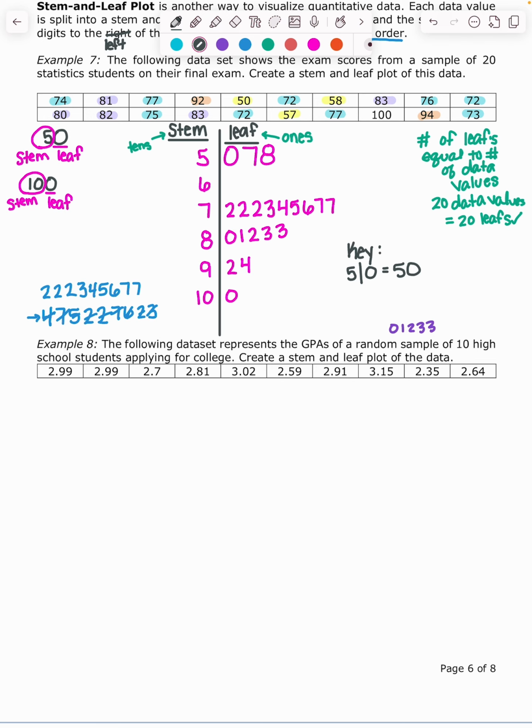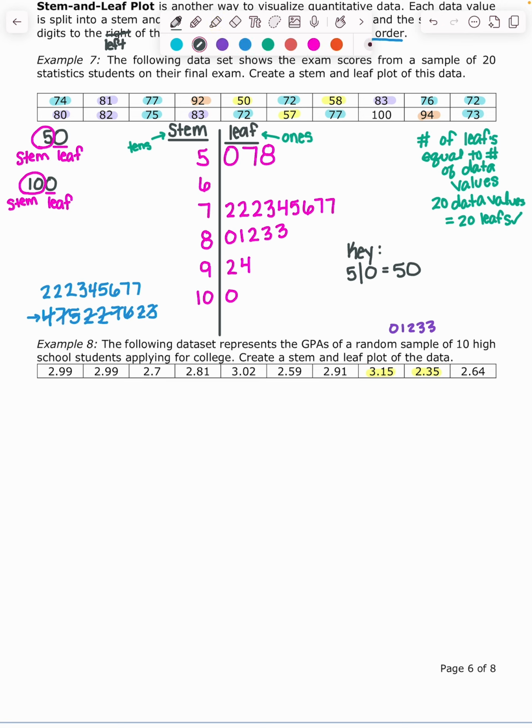So we're going to have to deal with all that. Let's take a look here. Let's find the smallest one. 2.59. Nope, 2.35. And what's our highest one? 3.15? I think 3.15 is the highest one.